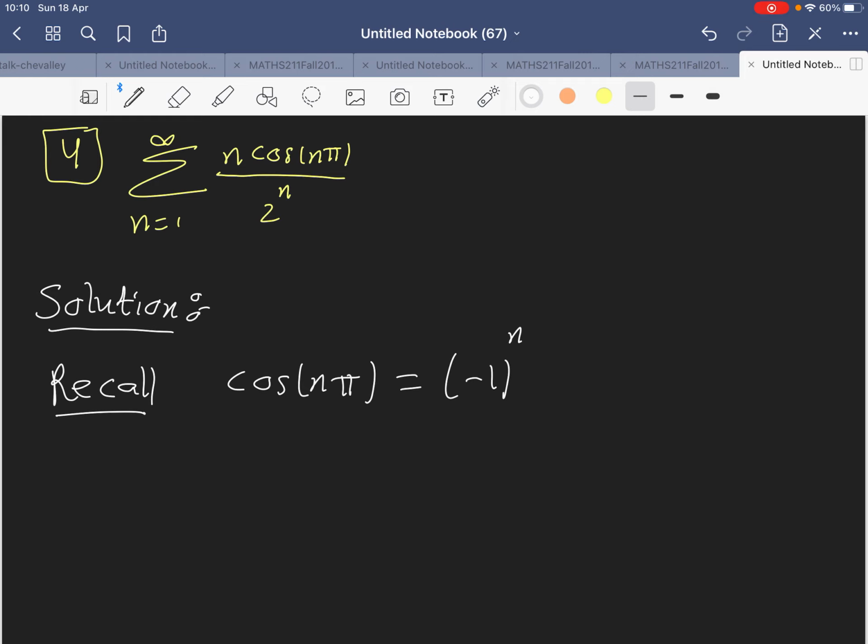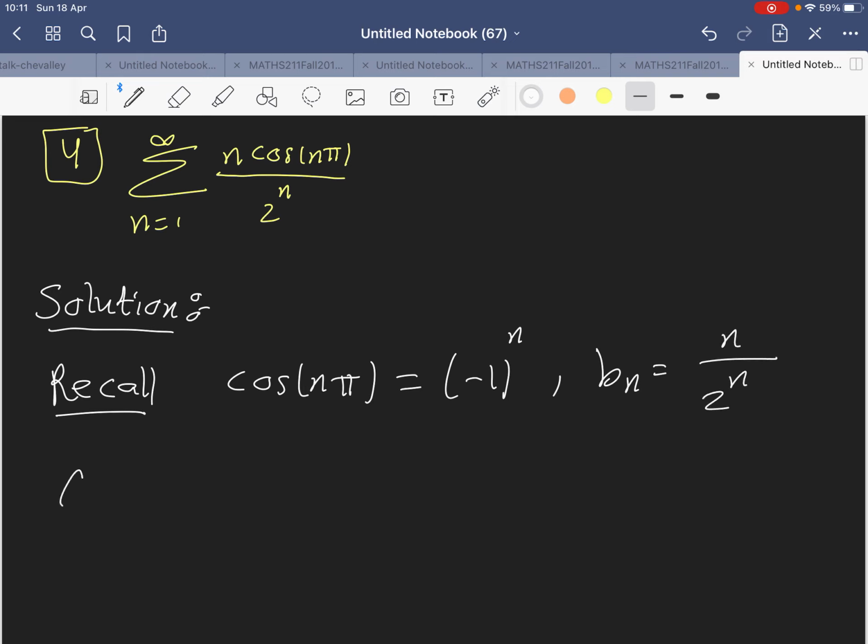Also, sine (n pi over 2). If you don't believe me, plug in values. Put n equal 1, 2, 3, 4, 5 here. You will see the answer is plus 1, minus 1, plus 1, minus 1. So this is alternating. And then your Bn will be n over 2n.